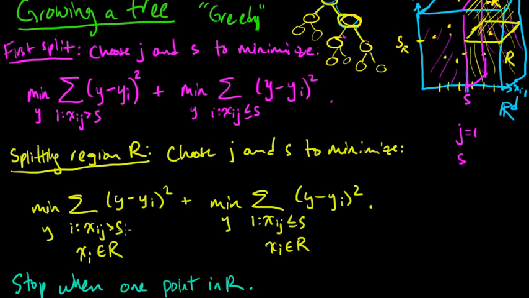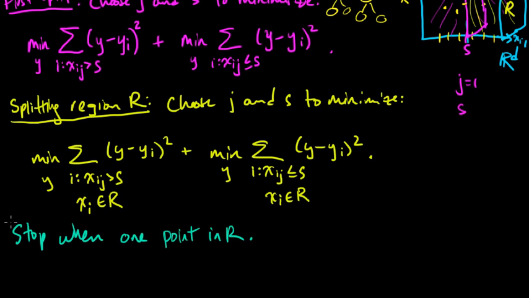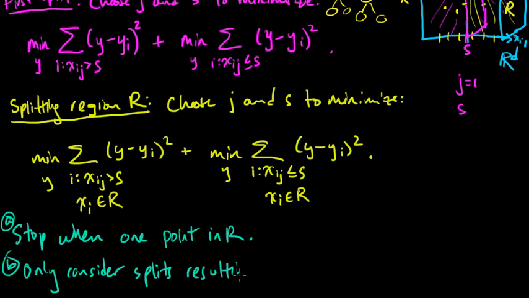Here we were considering arbitrary splits s, but option A would be to only consider splits resulting in regions with greater than or equal to some number of points, say 5 points per region.